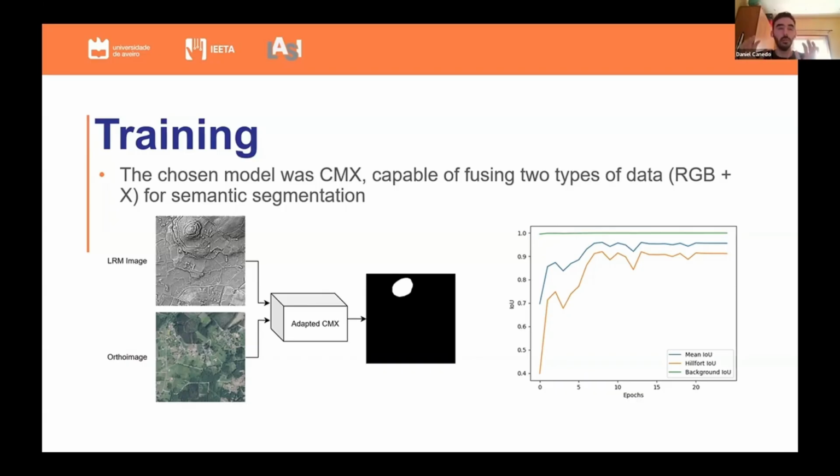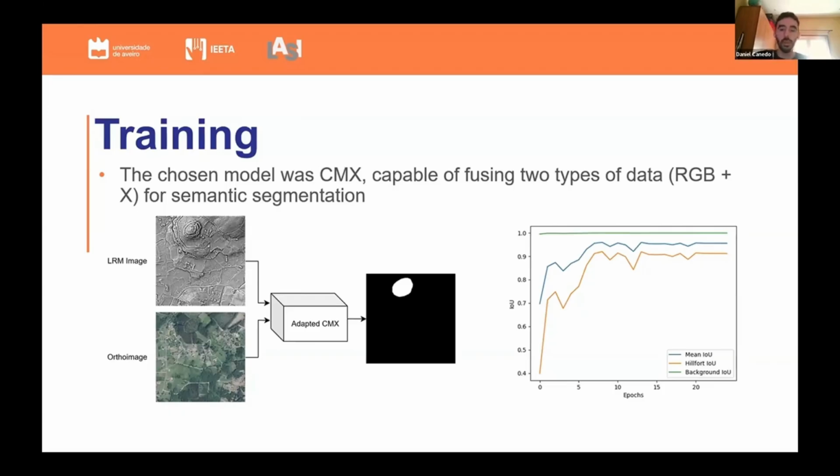They have on their monitor a lot of different types of data, and they search for the archaeological sites on those types of data because different types of data have some advantages and disadvantages over the other ones. In our case, we had our local relief models that highlight the microtopographies, but we didn't have the rich information from the satellite images. So our goal was to fuse these two types of complementary data.